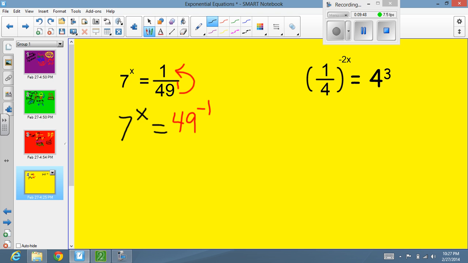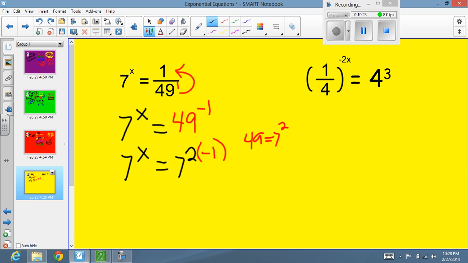Okay? Now I'm going to take this a step further, and I'm going to rewrite 49. I know 49 is the same thing as 7 squared. I'm actually going to undo that and do it in a different color. So 49 is 7 squared, and then we already had that -1 up there in that exponent.